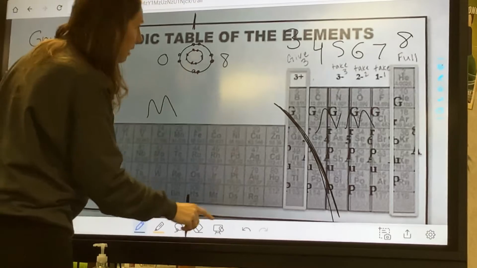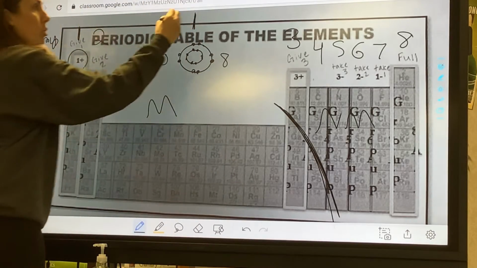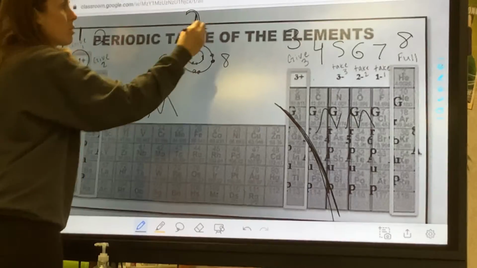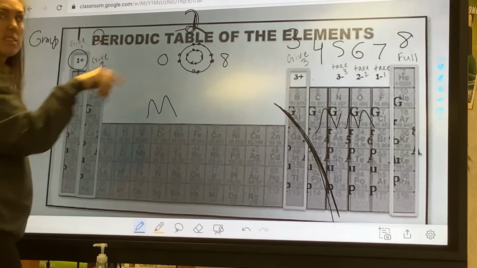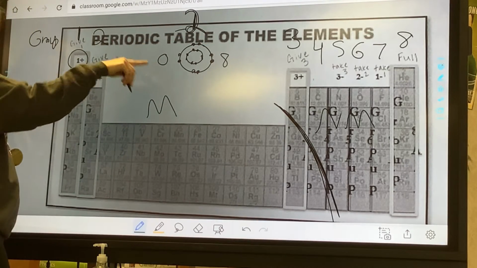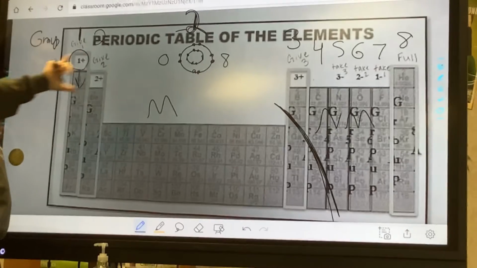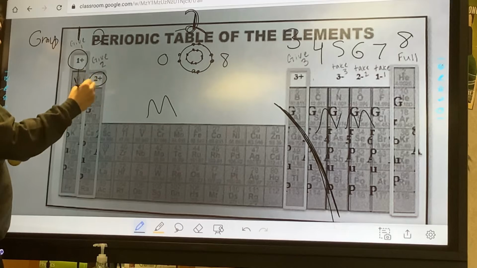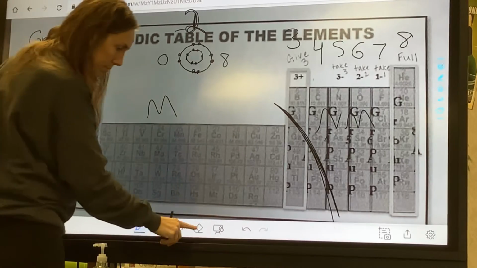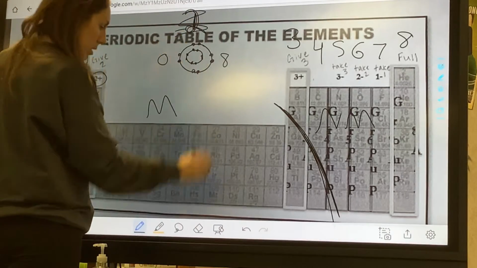Okay, let's move on to the next one. Group 2, if you have 2 valence electrons, is it easier to lose 2 to get to 0 or gain 6 to get to 8? Lose 2 and get to 0. So when you lose 2 electrons, you become positive 2. So all these guys are positive 2. Good. We're going to keep on going.